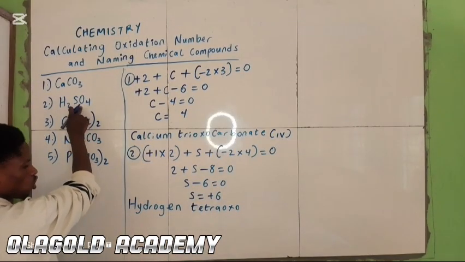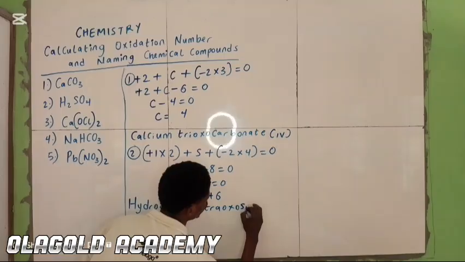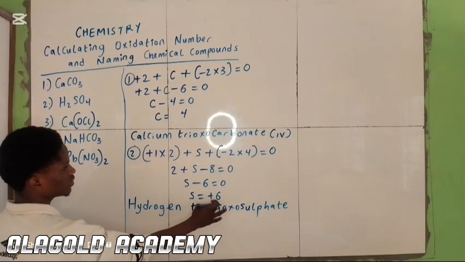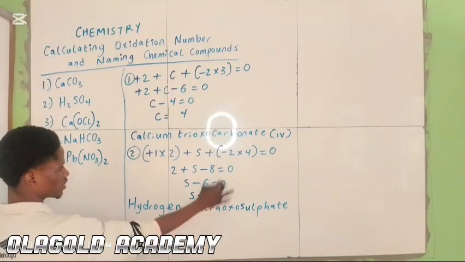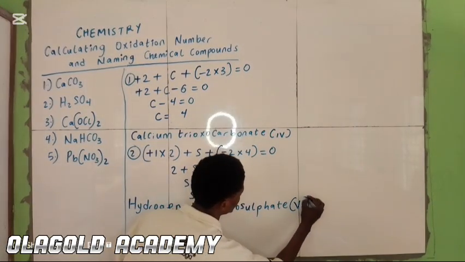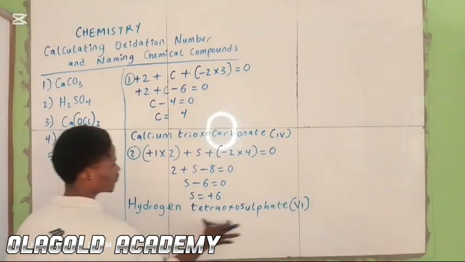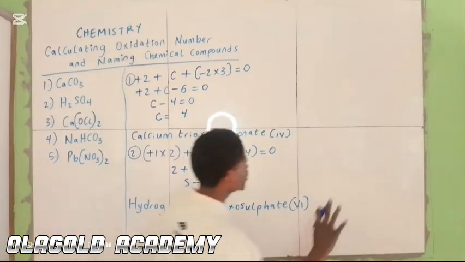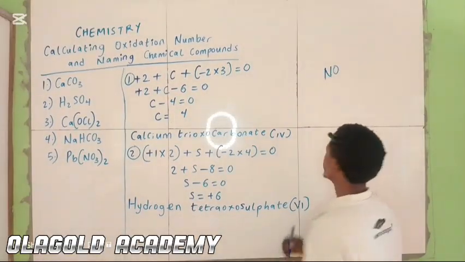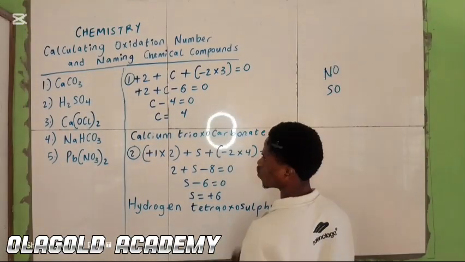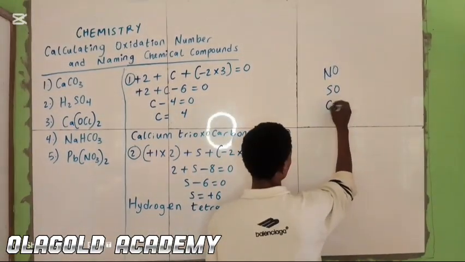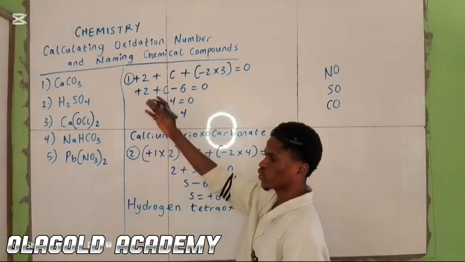SO is sulfate, so I have sulfate. Then I'll pick this one next, sulfate 6. If you have NO, that is nitrate. If you have SO, that is sulfate. In compounds like this, if you have CO, it becomes carbonate.